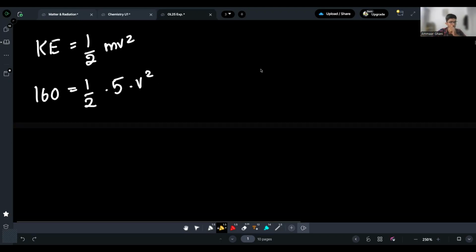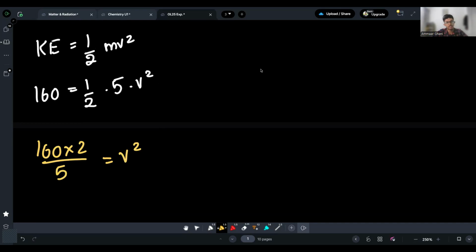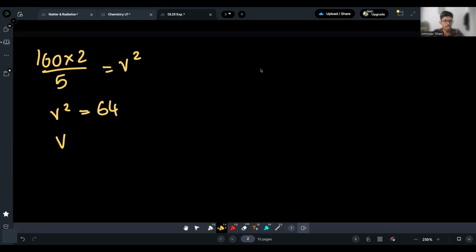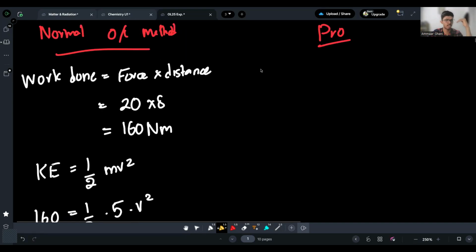So you continue this by 160, I can move 2 to the other side and 5 to the other side as well. V squared is going to be 160 over 5 into 2, which is 64. V is going to be 8 m s^-1. This is the answer. These are the steps you have to follow if you're using the normal O-level method.